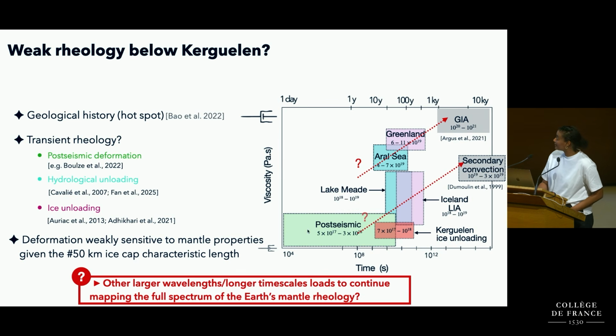And this is still quite an open question, because we have evidence from laboratory experiments, and also from some observations, but those observations are hard to make because we don't have a lot of loads to use to make those constraints. So I think we need other large wavelength loads and longer timescales to continue to map the full spectrum of the Earth's mantle rheology.